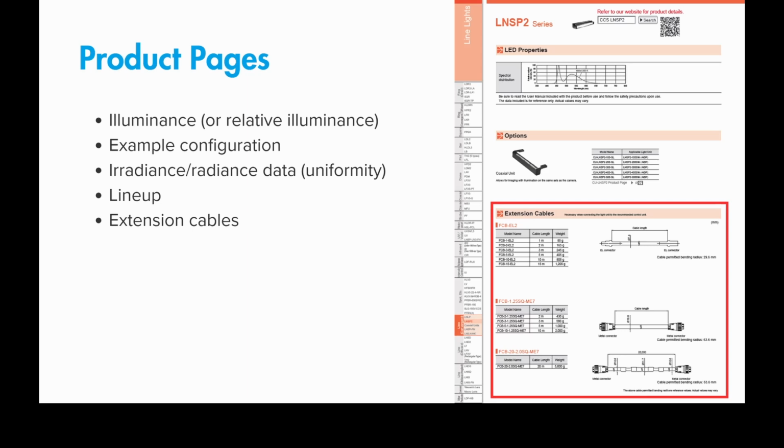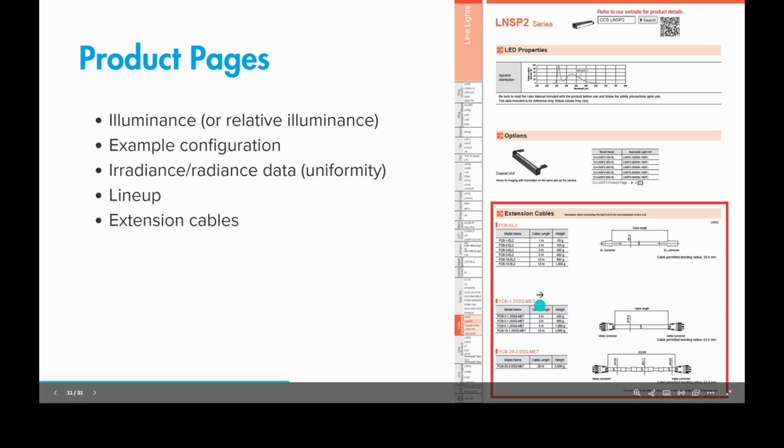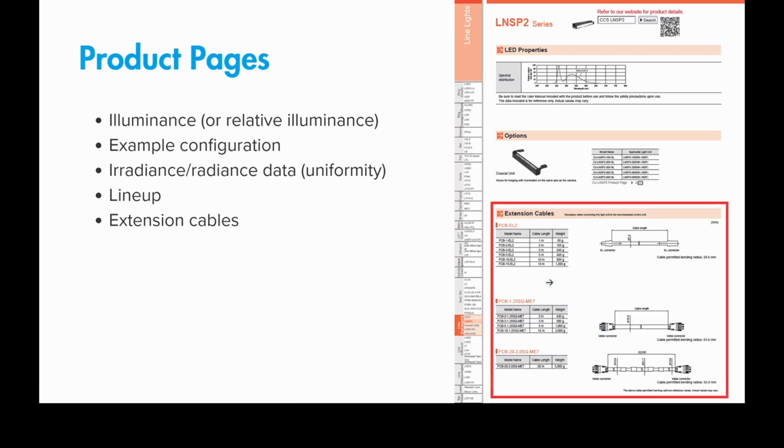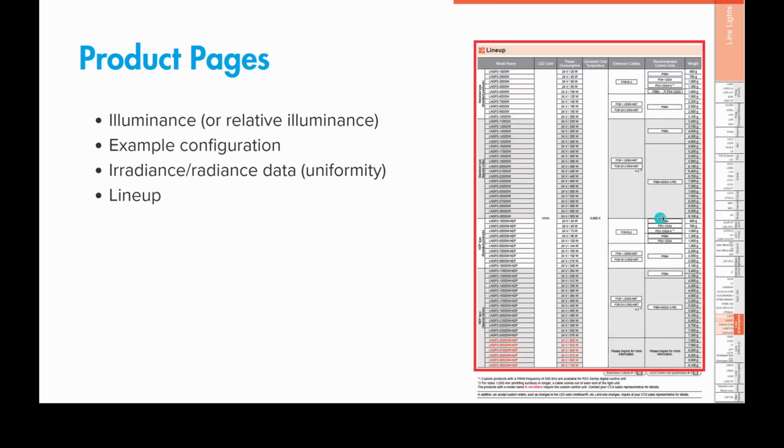Some of them are EL2 connectors for the more powerful lights. For line scan, they're going to be EL2s or some metal connectors that are different, less common connector styles. So it's more important to make sure that you have the right extension cable used and ordered, so you don't have to reorder the extension cable if you accidentally ordered the wrong one. So pay attention here, and that's also listed on the lineup information as well.